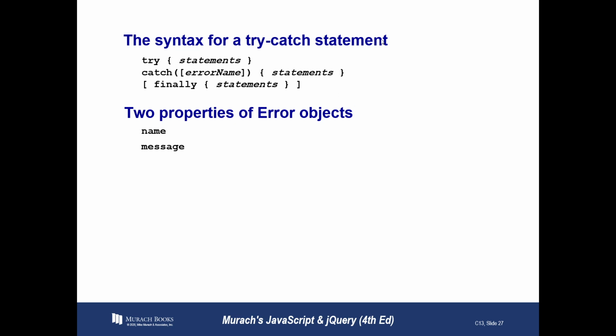So the try-catch statement is a way for us to catch any error that occurs in our code without breaking the code. Because when we run a piece of code, it runs line by line until an error occurs. Once an error occurs, it stops the execution, it breaks the code.